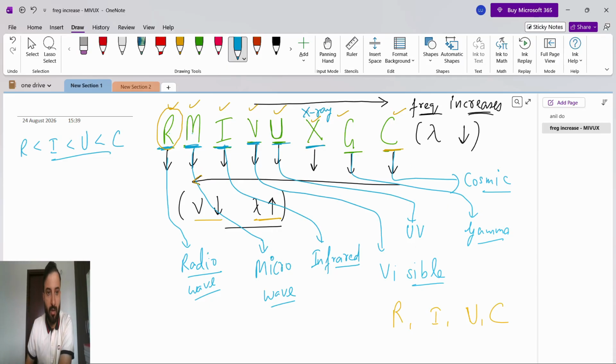Suppose they give these three and ask which has the highest frequency. Highest frequency means this side you go, frequency will increase, so U. Lowest wavelength, U. Highest wavelength, R. Like that. If you know this, that's khatam.